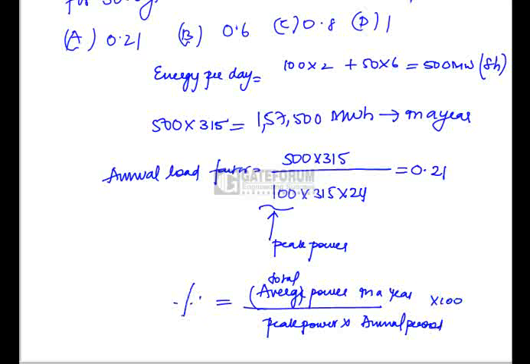This will give you the load factor in percentage. The total energy in a year we have is 500 into 315, divided by peak power, which is 100 megawatt for 2 hours each day. So this is 100 into the annual period, 315 into 24 hours. So we will get load factor as 0.21, that is option A.